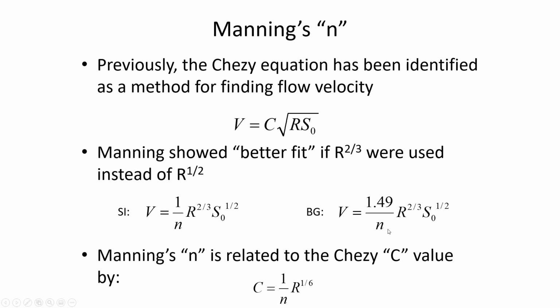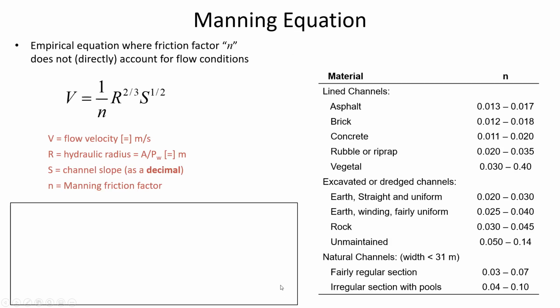If we have British gravitational units, then we have this conversion factor of 1.49. The n values are the same, regardless of whether you're working in British gravitational or SI units. Of course, here's a formula that we could use to convert between Chezy C values and Manning's n, depending on what data we've got, the surface characterized in.